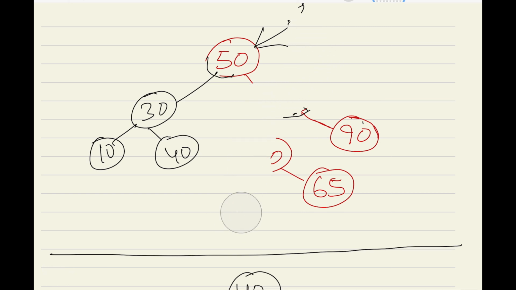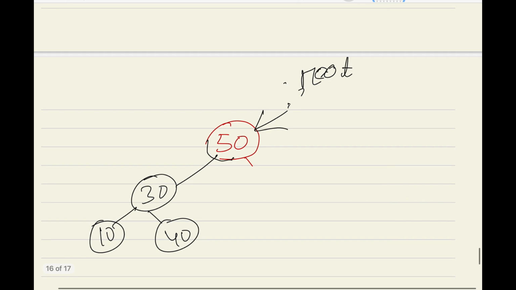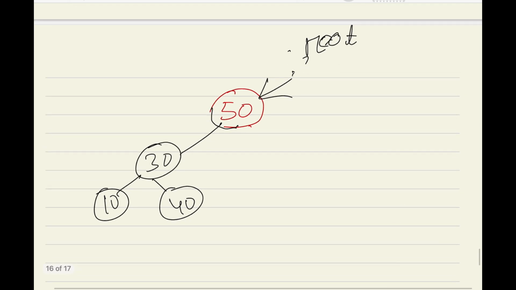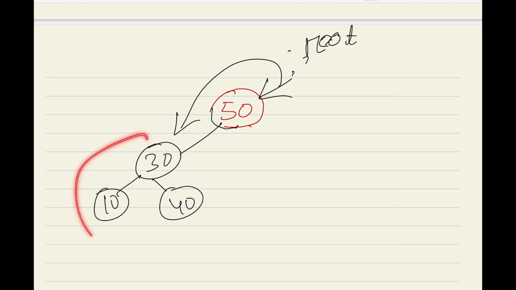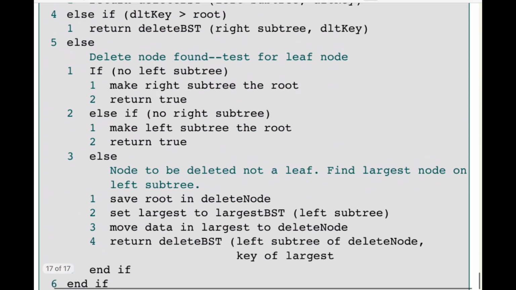So if no right subtree is there, consider this one. So root is referring to 50 and we want to delete 50. So 50 has only one child. So just update this root or make this left subtree the root. So if we make this left subtree the root, then this 50 is automatically deleted. So this same thing we are writing here.